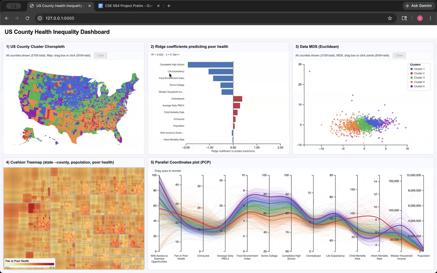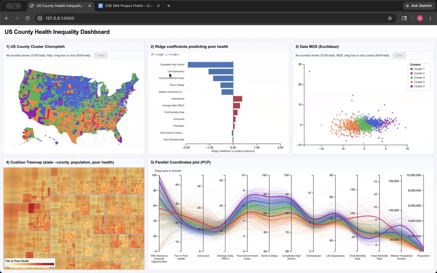And from the second visualization, we found some variables which positively contribute to the health reporting value, and variables which negatively contribute to the health reporting value.